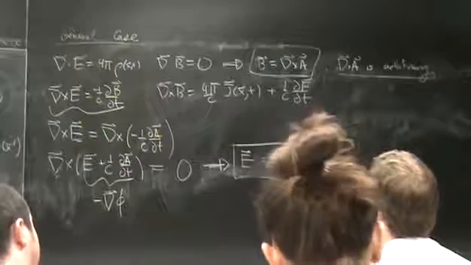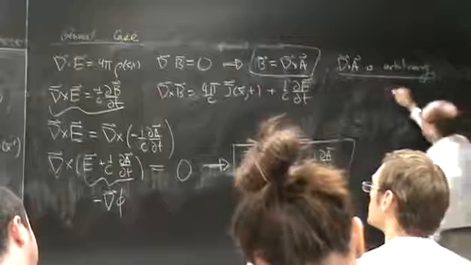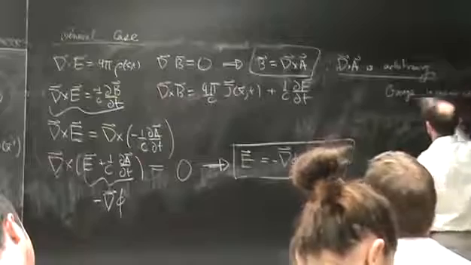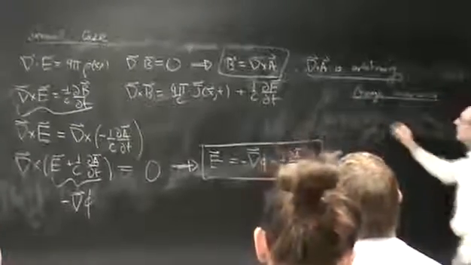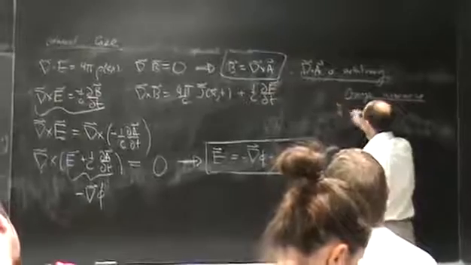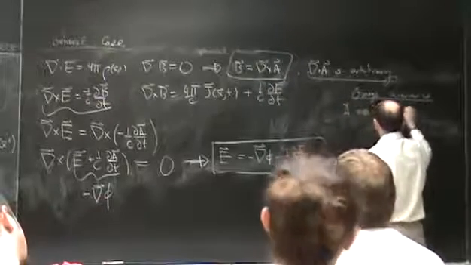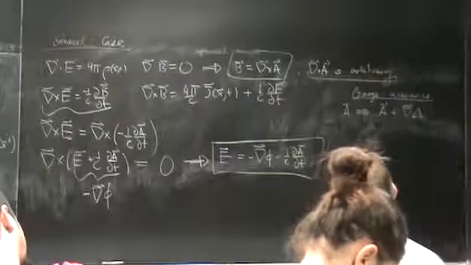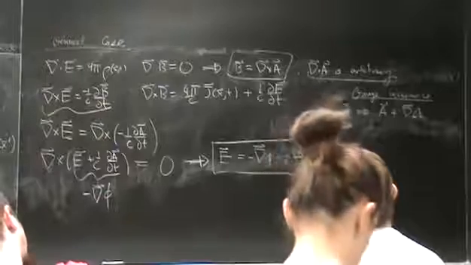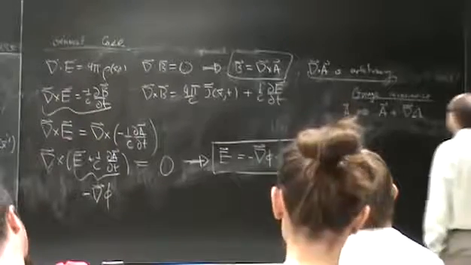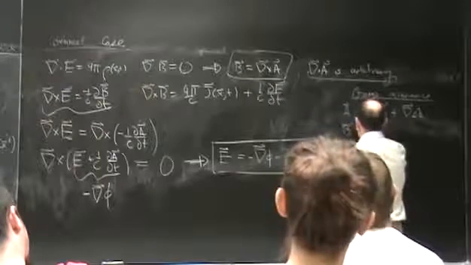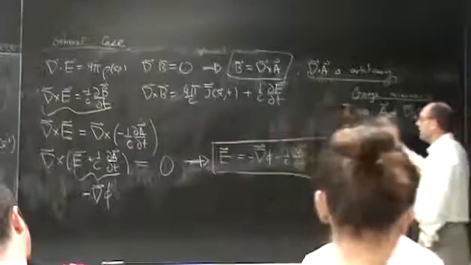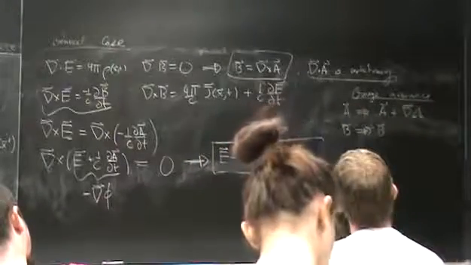So what we said here, gauge invariance, if I make a transformation by adding to A the gradient of some other scalar field, lambda, which is called the gauge field, then because B is the curl of A, and the curl of a gradient is always 0, the magnetic field does not change.